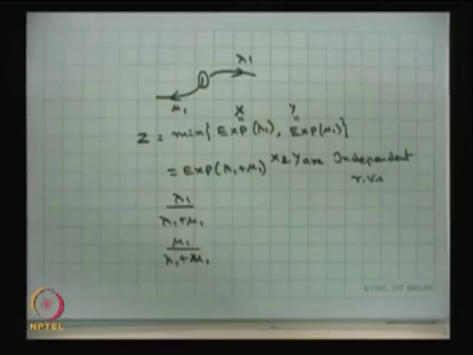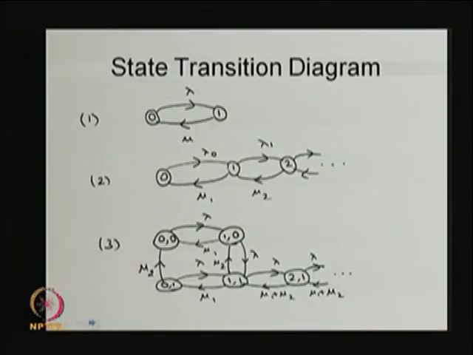So the conclusion here is the time spent in the state 1 is exponentially distributed with the parameter lambda 1 plus mu 1. Similarly, the time spent in the state 2, if the parameters are lambda 2 and mu 2, is exponential with lambda 2 plus mu 2. So this is one type of continuous time Markov chain.